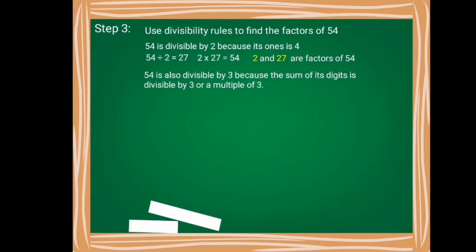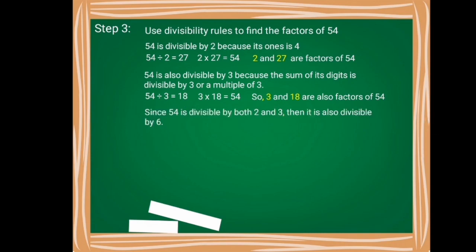54 is also divisible by 3 because the sum of its digit is divisible by 3 or a multiple of 3. 54 divided by 3 equals 18. And 3 times 18 equals 54. So, 3 and 18 are also factors of 54.